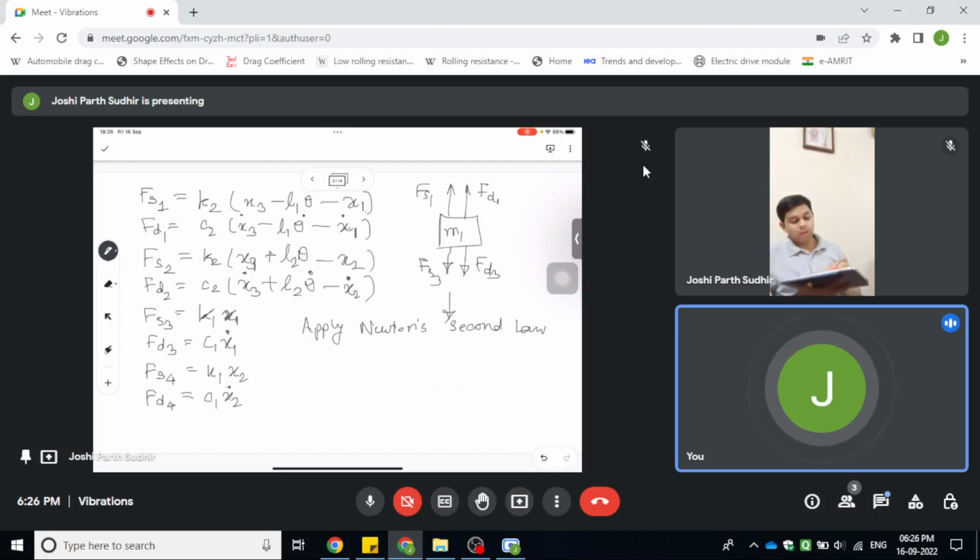For writing the equation of motion, it will be m1 x1 double dot is equal to Fs1 Fd1 Fs3 minus Fd3.